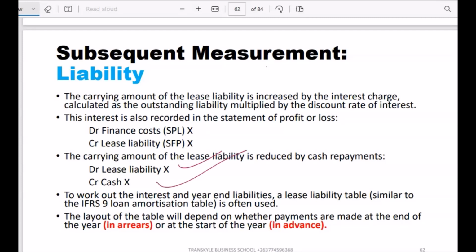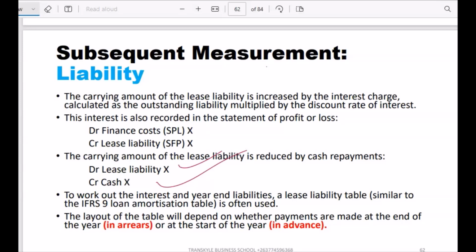To work out the interest and year-end liabilities, the lease liability table, similar to the IFRS 9 loan amortization table, is often used. The layout of the table would depend on whether the payments are made at the end of the year, that is in arrears, or at the start of the year, that is in advance.